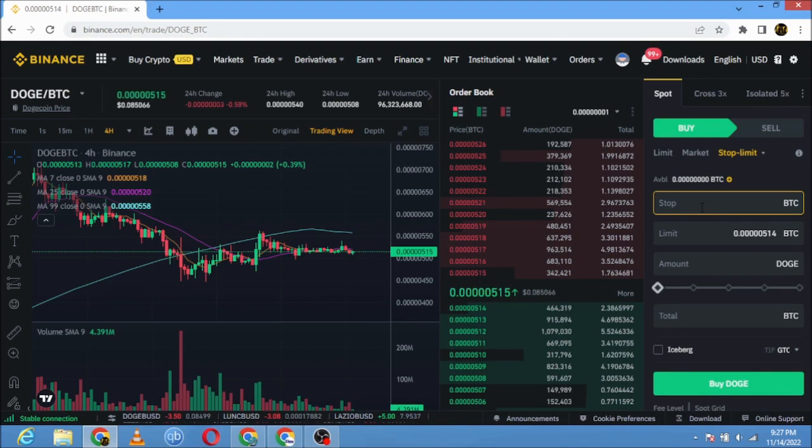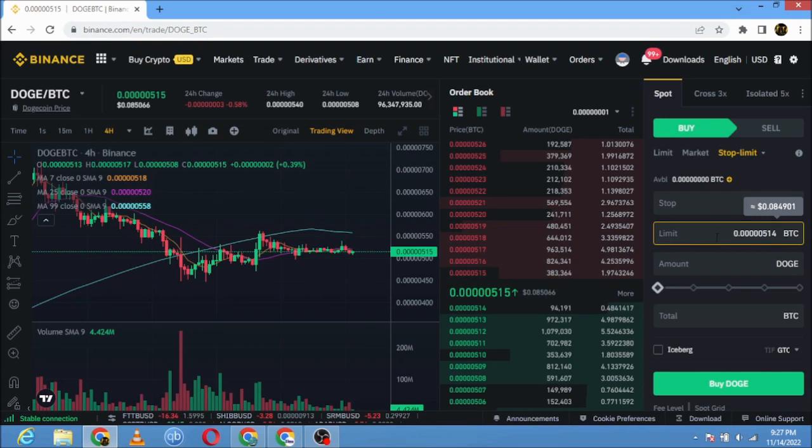Now for the stop loss, you are informing Binance that, you know what, I want to buy this Dogecoin exactly when it reaches 500, maybe 16. I want to buy my Dogecoin. This is where I want you to be very keen.